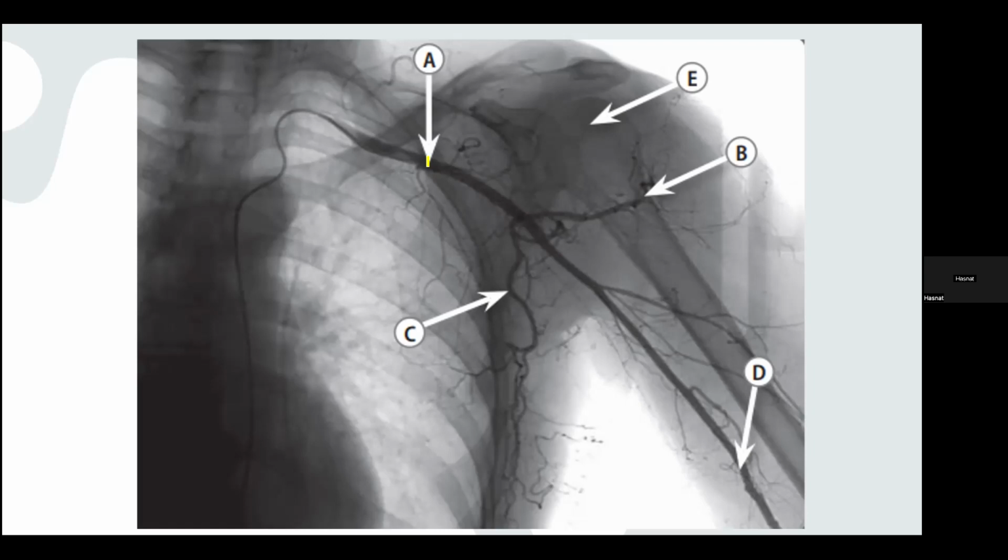Where does structure A begin and where does it end? Can you tell me the boundary of artery A? Artery A is the axillary artery. It begins at the outer border of the first rib and ends at the lower border of teres major muscle, continuing as brachial artery. Okay, fine. Can you name the branches of it?